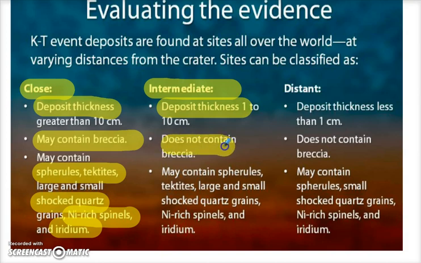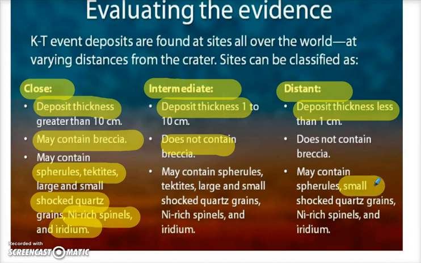It would not contain breccia, but it may contain these other ejecta. If we find some of these things far away from the site, the deposit thickness is not as much. The farther away we get from an impact site, we wouldn't find any breccia, and we might find some of these other ejecta, but those pieces would be very small.